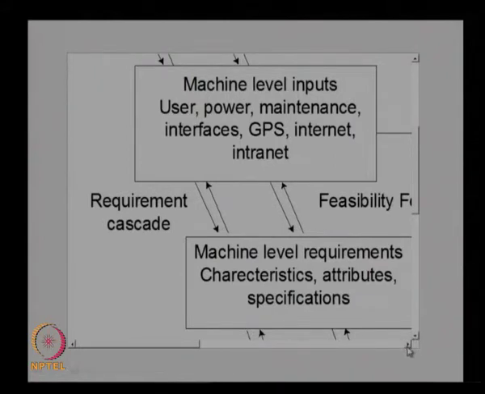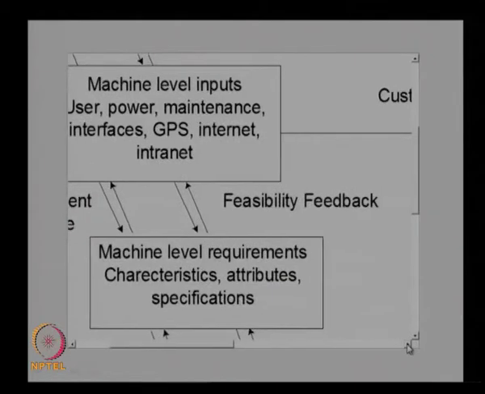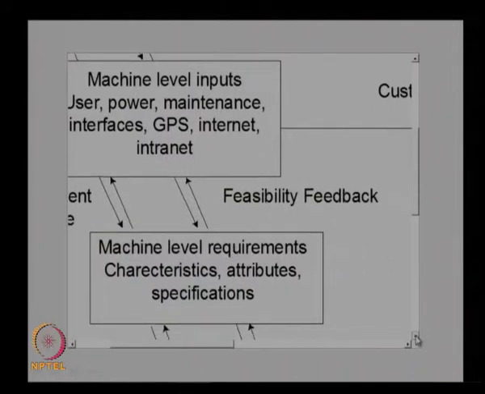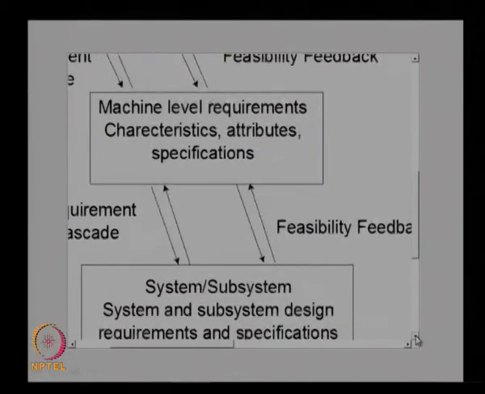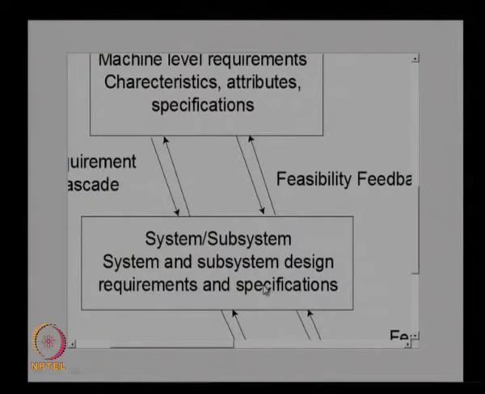So by defining the system we will be identifying the machine level requirements and the characteristics and attributes of various components, then their specifications, and then we go for the system and subsystem design requirements and specifications.